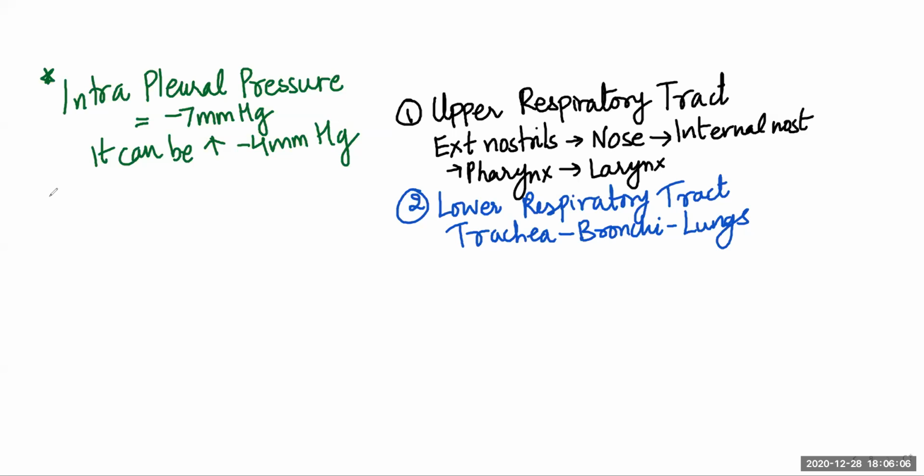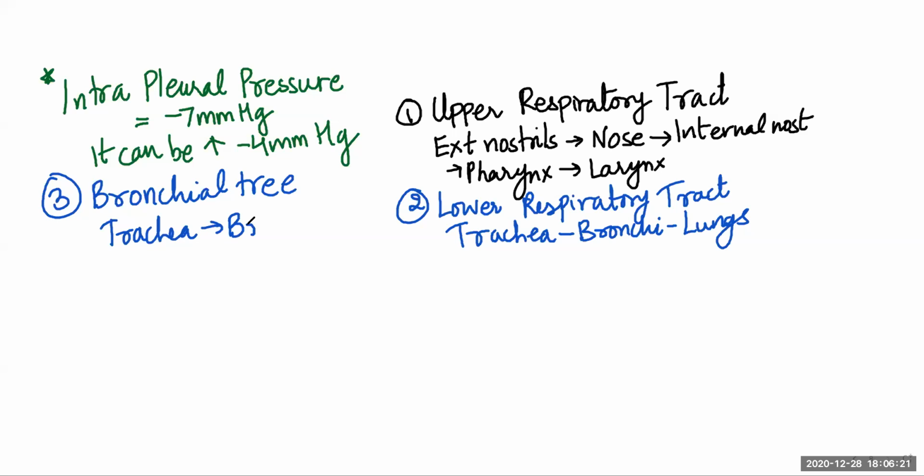Then we have another word which is called the bronchial tree. So bronchial tree is from the trachea to the various bronchi, primary, secondary, tertiary, okay, to terminal bronchiole.